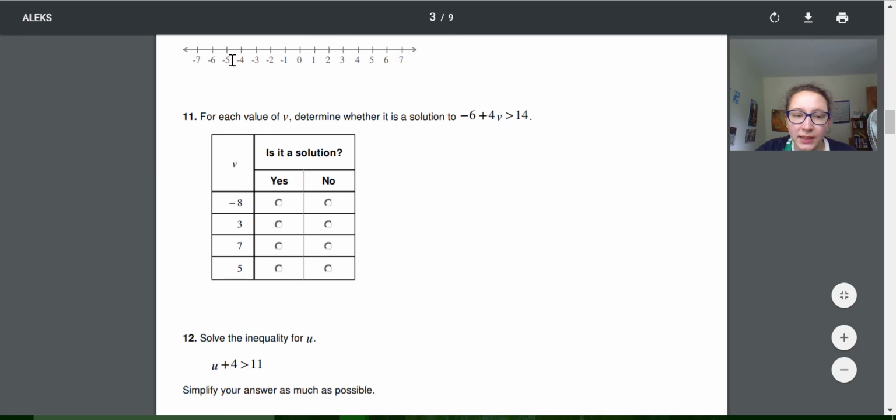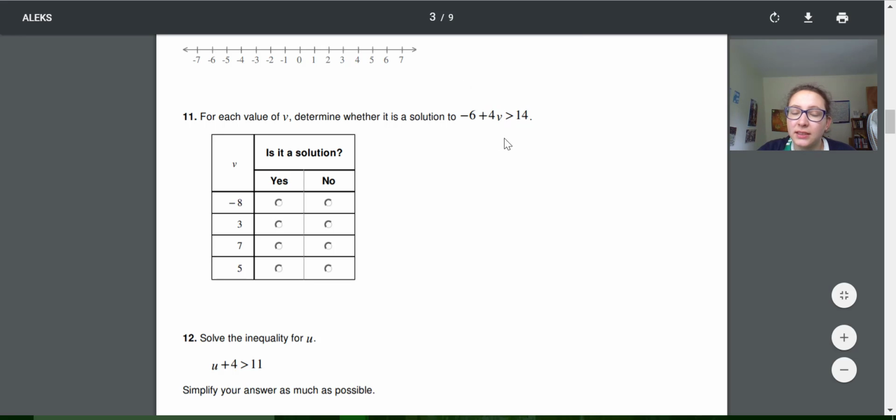So you're going to do those. For this type of thing, for number 11, for each value of v, determine whether it's a solution to this inequality. So what you can do is you can plug in negative 8 for v and see if it makes sense. If you're getting a negative number on this side, a negative number is never greater than 14. Or if you're getting anything that's less than 14, you would say no, it's not a solution. But if you are getting numbers that are greater than 14, then it is a solution.